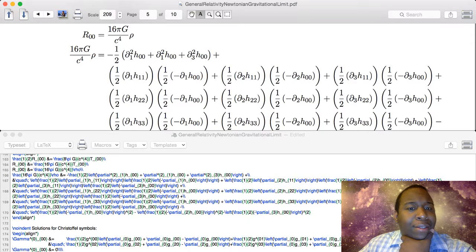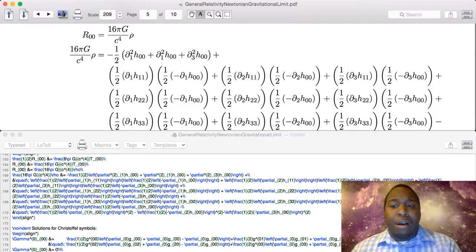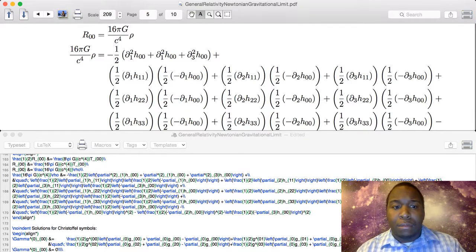I definitely see the Laplacian, which is what I kind of want. But the coefficient is off. It would need to be 4.